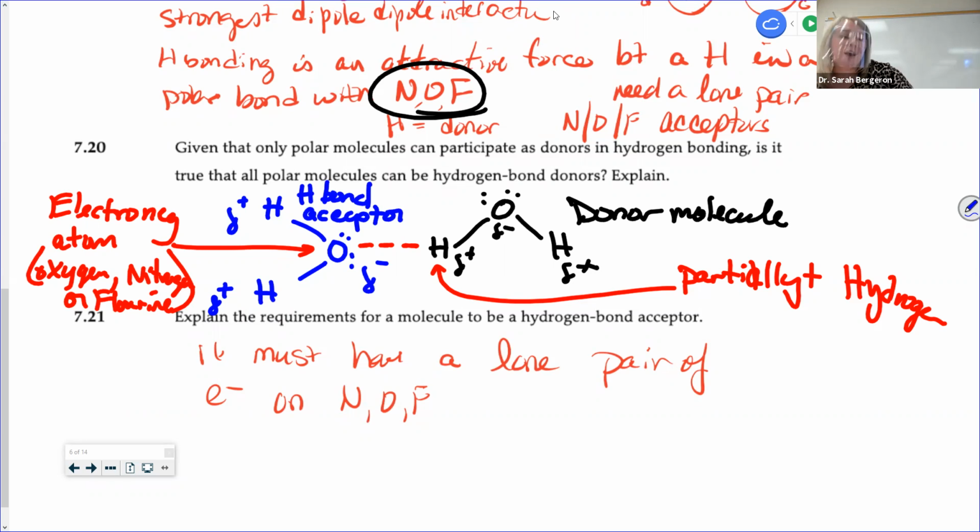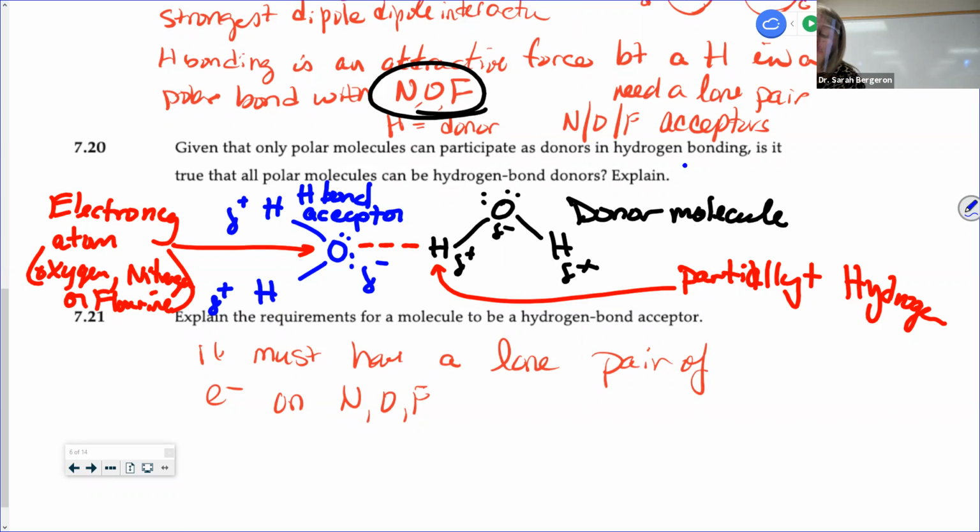Okay, so now let's try to answer this question. Given that only polar molecules can participate as donors in hydrogen bonding, is it true that all polar molecules can be hydrogen bond donors? If I'm polar, does that mean I can donate a hydrogen? If I'm polar and I have hydrogen, I can donate it. But do all molecules have hydrogen?